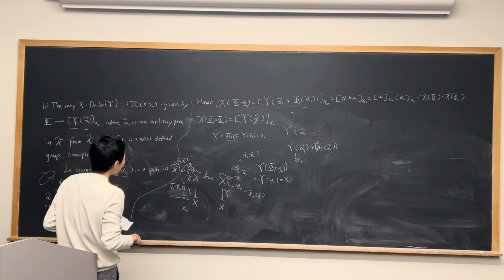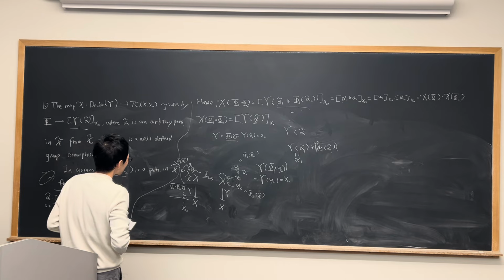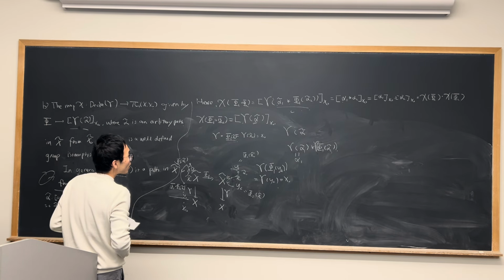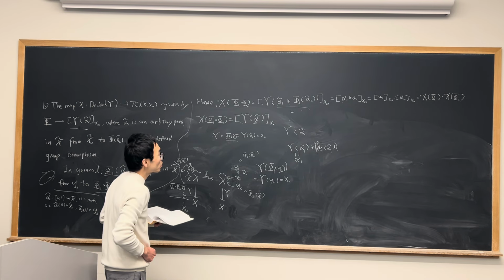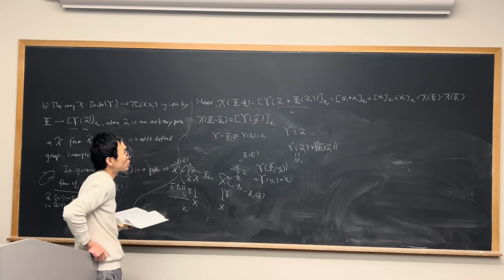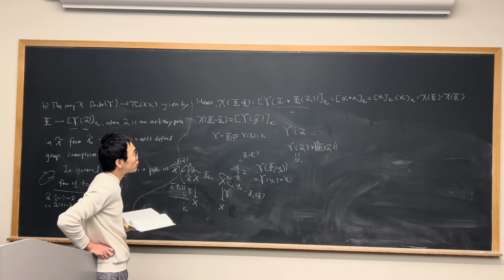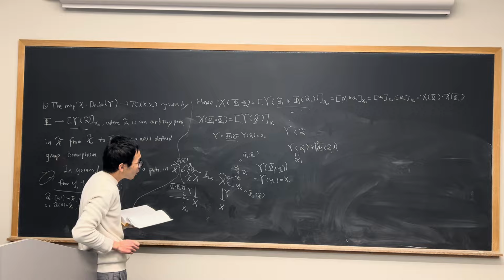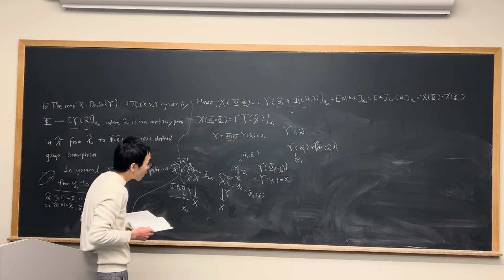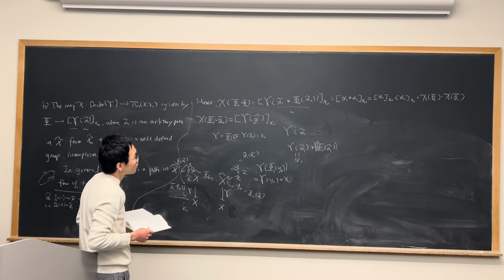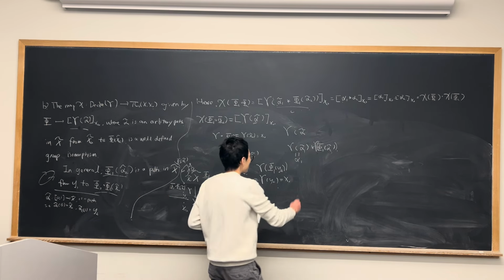I want to show that gamma of phi 1 of alpha 2 is equal to alpha 2. So gamma of phi 1 of alpha 2, okay, here I want to show.